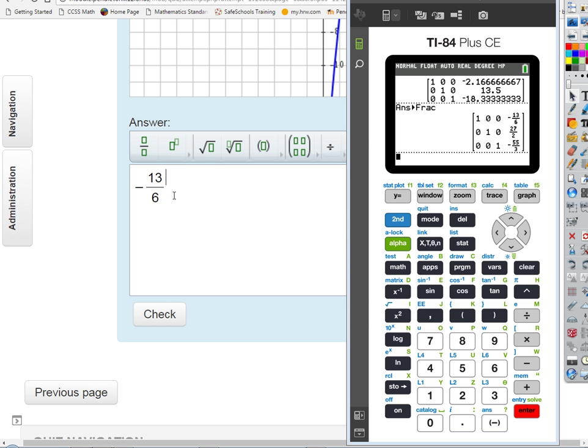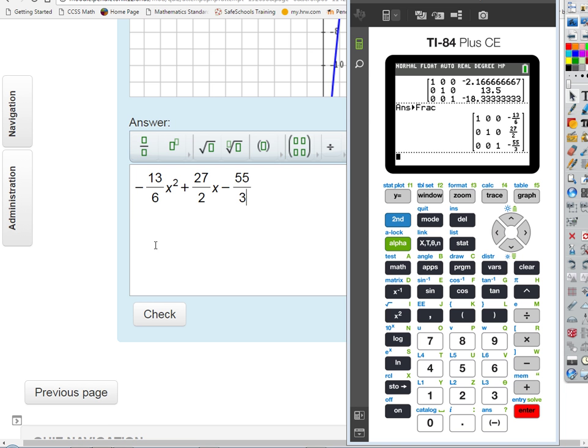Ax squared, so there's a x squared plus b is 27/2 times x plus c, which is negative 55/3.